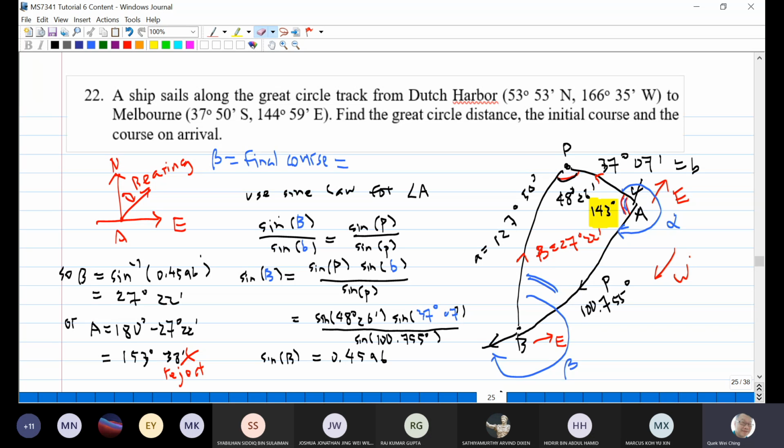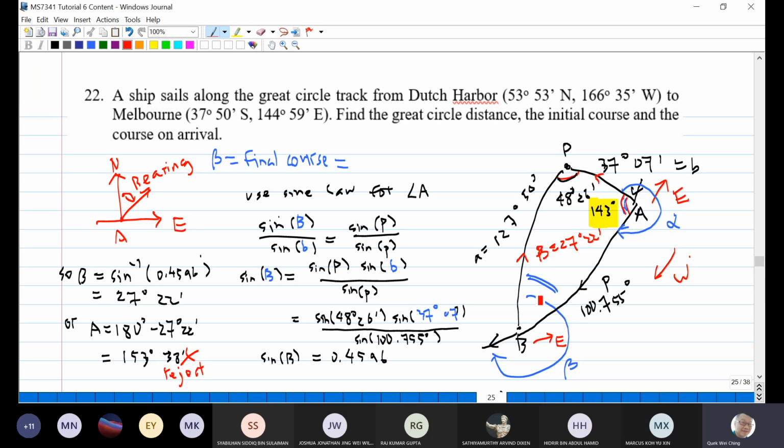So now I can find the final course. The final course you can see from the straight line. All you need is plus 180 degrees, right?